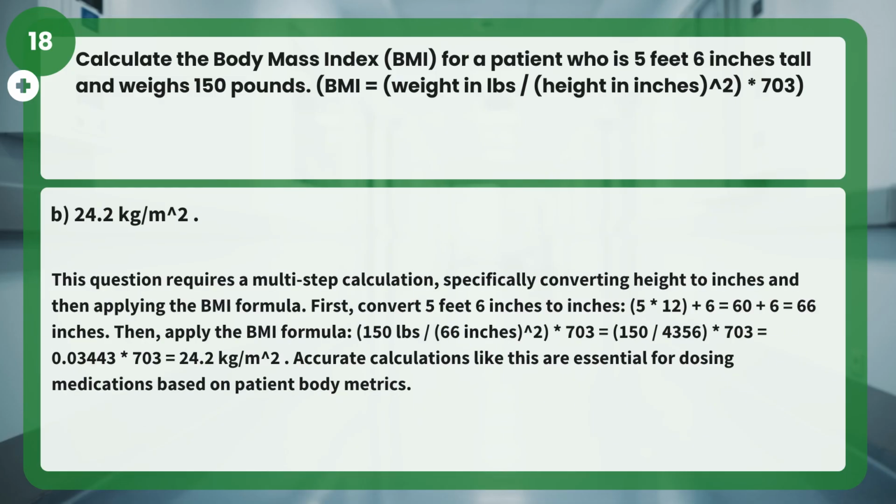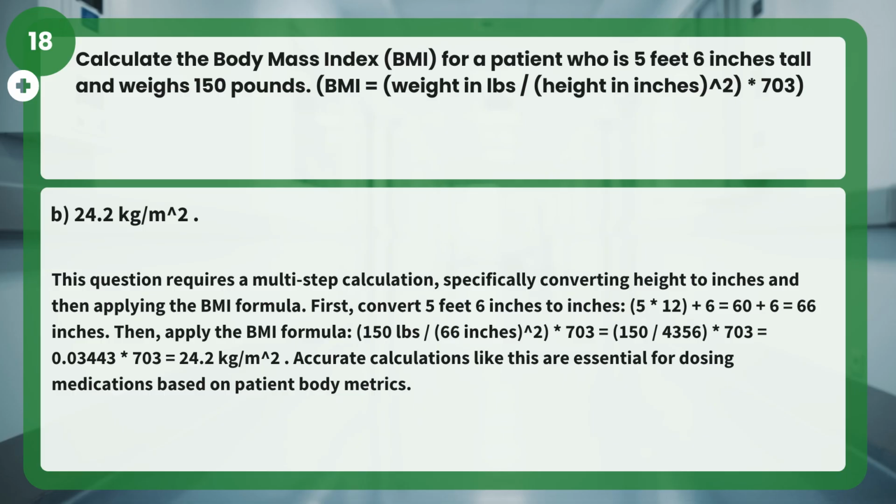Answer: B. 24.2 kg/m². This question requires a multi-step calculation, specifically converting height to inches and then applying the BMI formula. First, convert 5 feet 6 inches to inches: (5 × 12) + 6 = 60 + 6 = 66 inches.